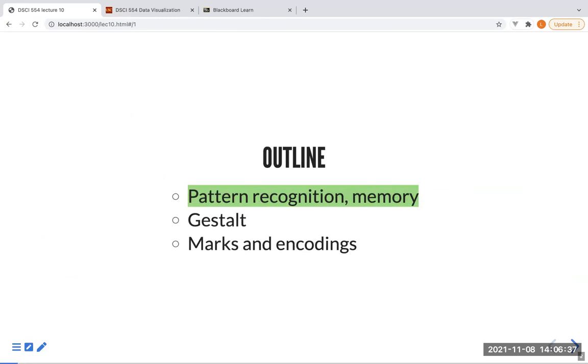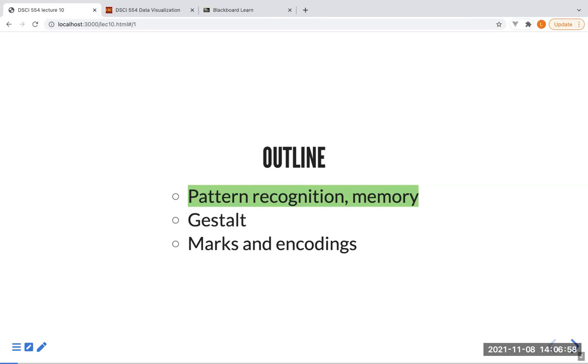All right, so we looked at how we understand things that are simple and seen very quickly. Those are the pre-attentive features. And we saw how to use those features in visualization when it's helpful.